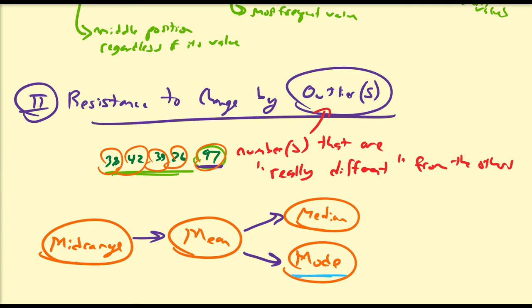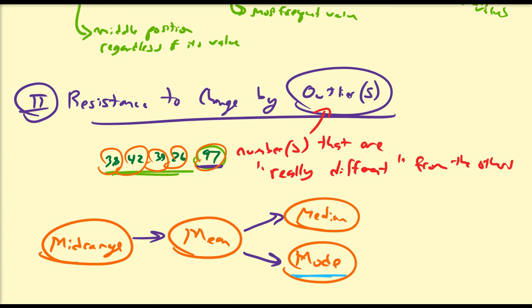But the mode doesn't really consider the values, so I would probably choose median over the mode in terms of the resistance to outliers because there's many reasons why. But in terms of resistance to outliers and the representation of data, I would definitely choose the median if there are any outliers being used.